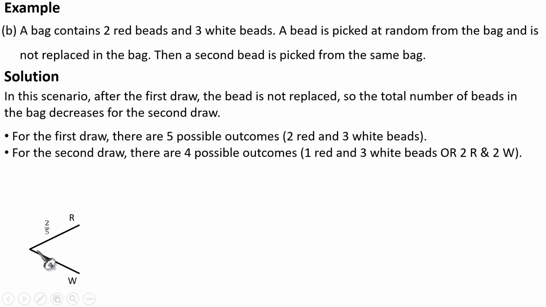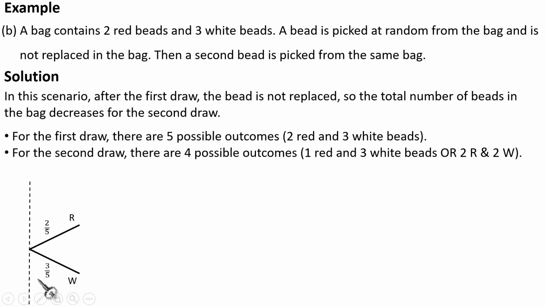The probability that this bead is red is 2/5, because you have 2 red beads and the total number of beads is 5. Then the probability that this bead is white is 3/5, because there are 3 white beads and the total number of beads is 5.